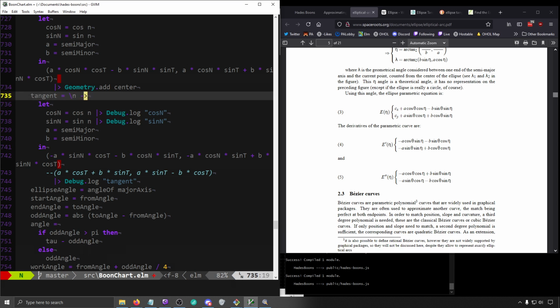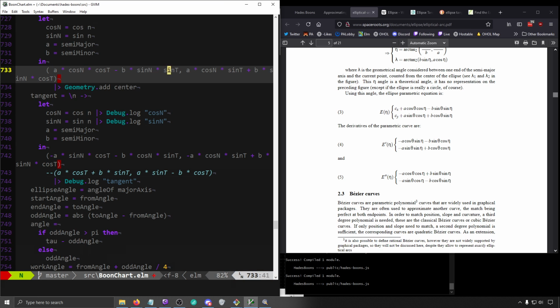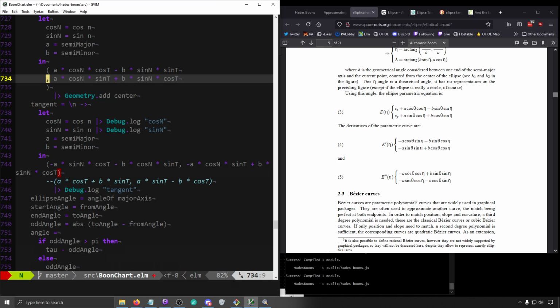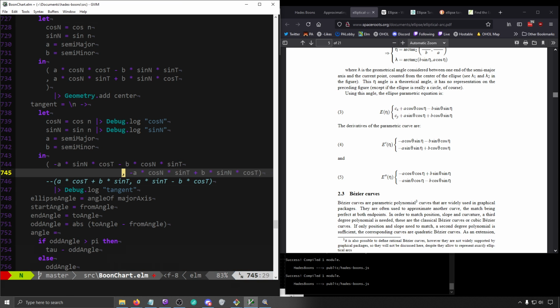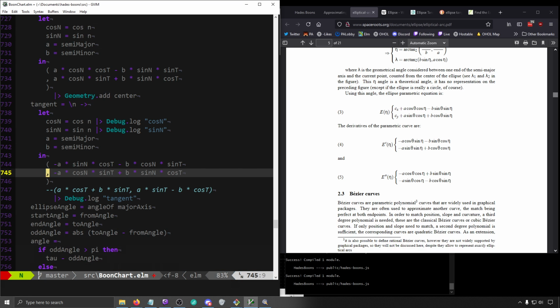And you know what? Actually, this would be even easier to compare here. Well, I'd have to switch my theta and eta to make it really easy to compare.